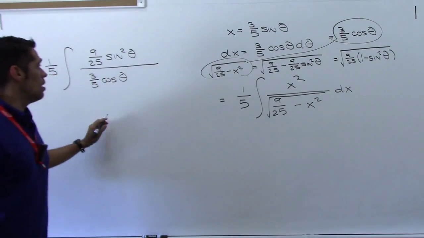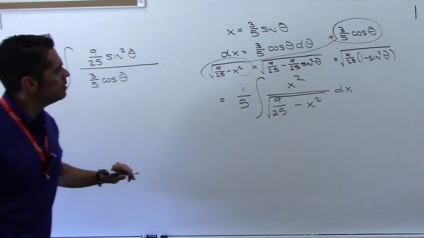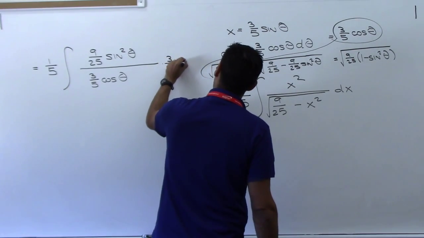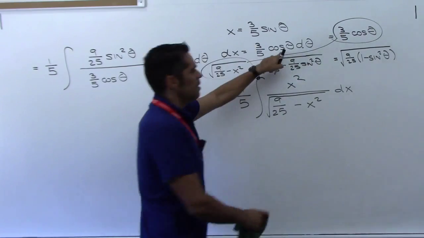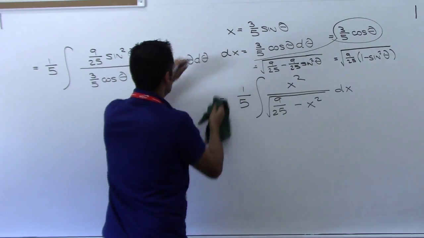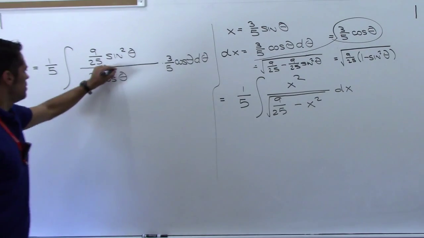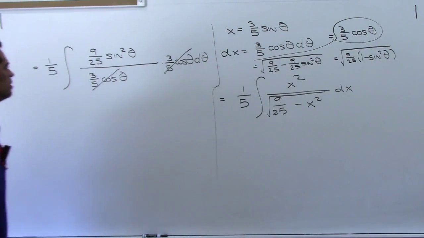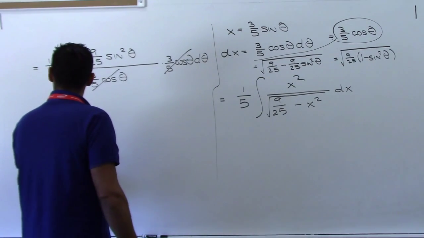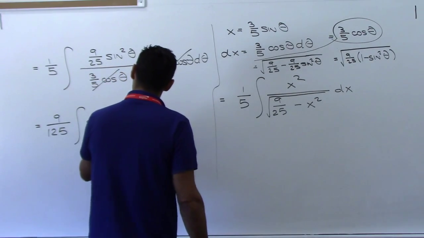But then the dx part turns into 3/5 cosine theta d theta. Right, this right here. That seems too nice. So I've got 9/125ths integral sine squared theta d theta.